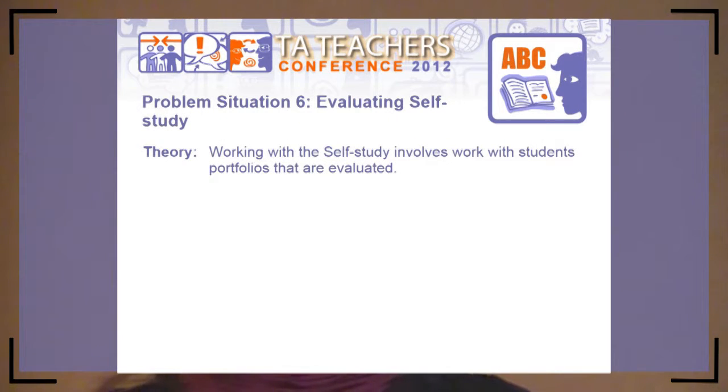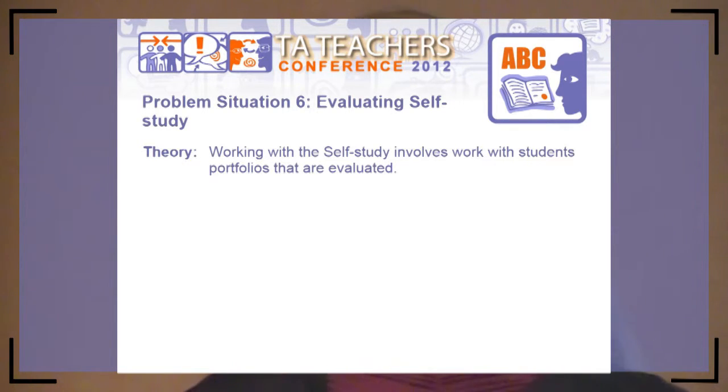And the last problem situation, and it's probably, again, too many mistakes, you see? I have to reflect on it. Maybe this is not very well structured here, but I just wanted to mention, because I was speaking a lot about grammar, but I was working also with self-study. And when we work with self-study, we work with students' portfolios.